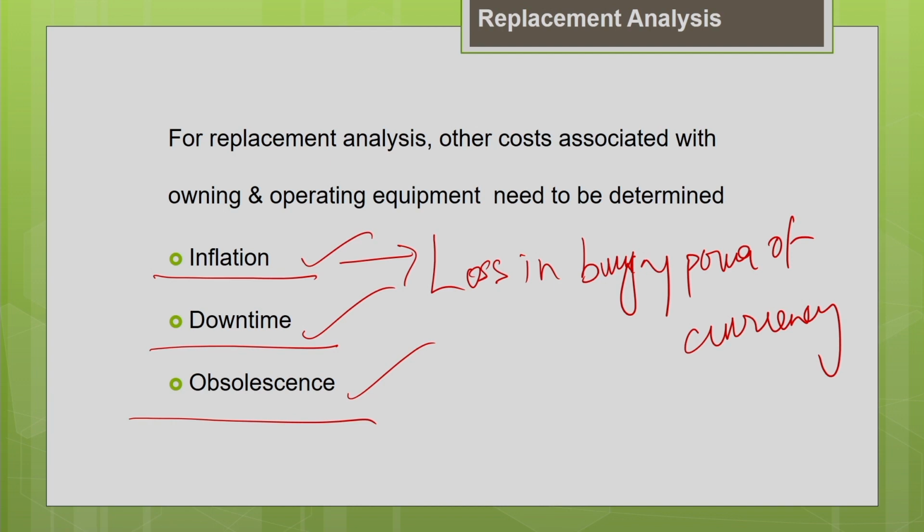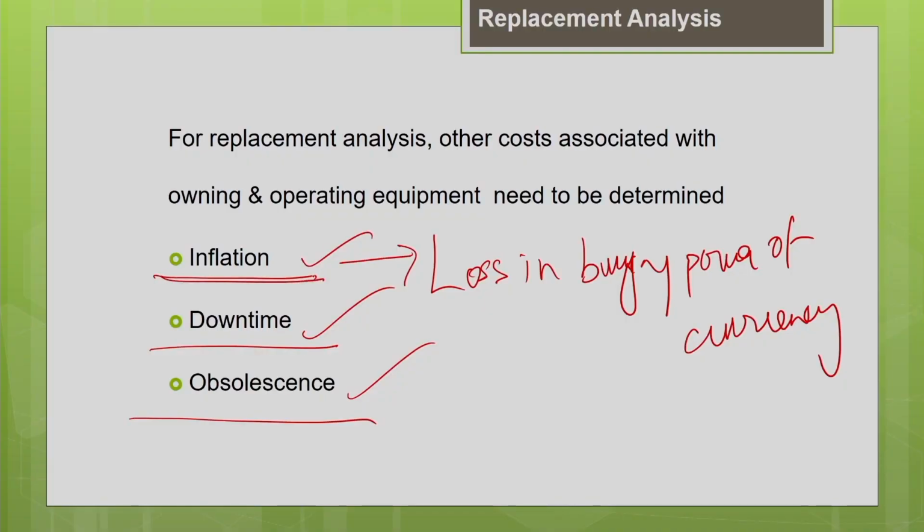Obviously the cost of the machine would have increased with time. That is the effect of inflation. So when we plan for the replacement and do the replacement analysis, this increase in cost with time due to inflation should also be incorporated in the cost estimation.